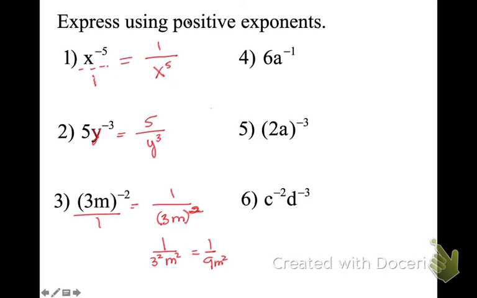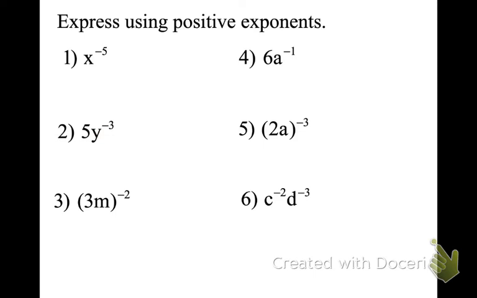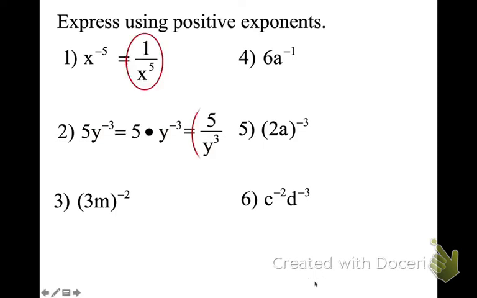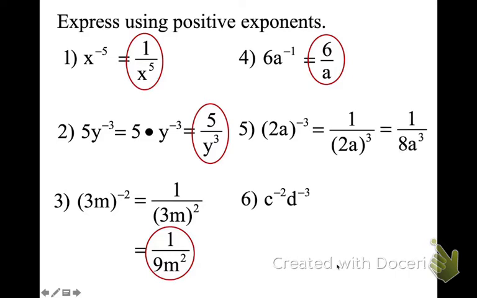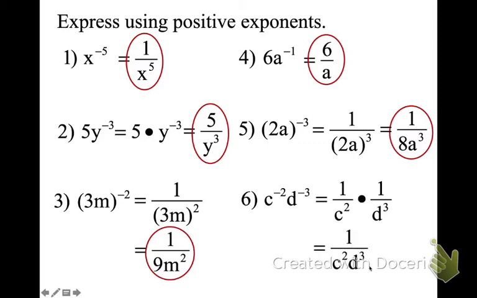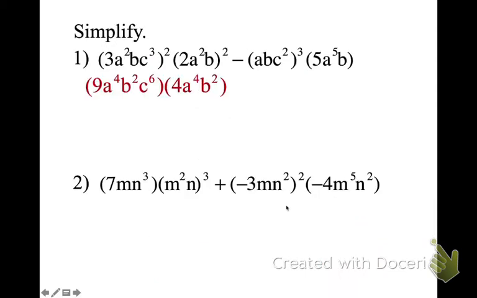Now let's check our work. Last but not least, we end up with 1 over c squared d squared.